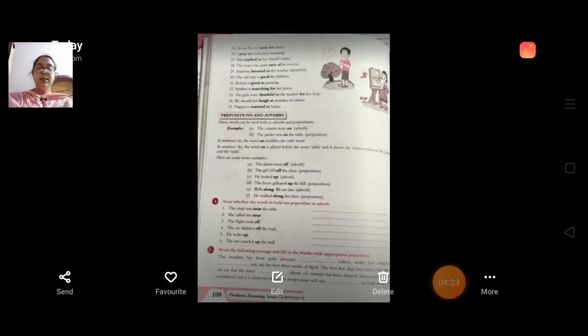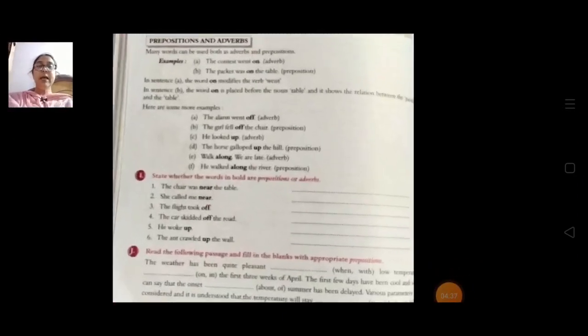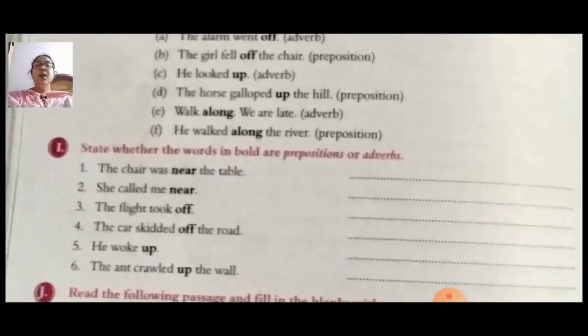So this is exercise number I. State whether the words in bold are prepositions or adverbs. So we have to recognize whether they are adverbs or prepositions.